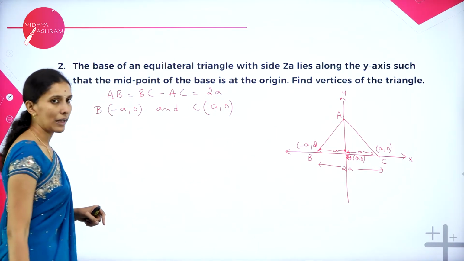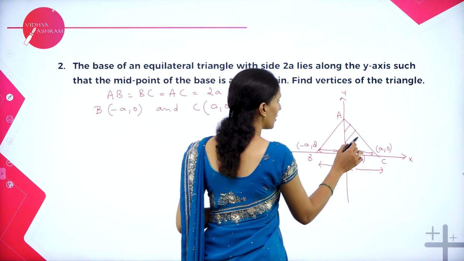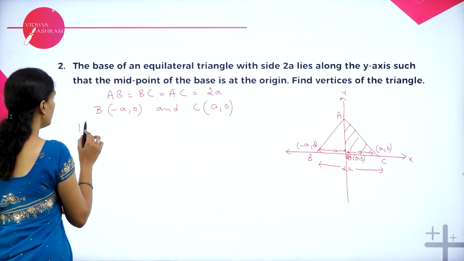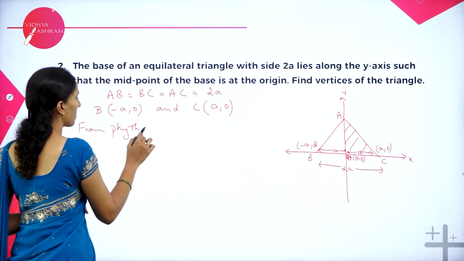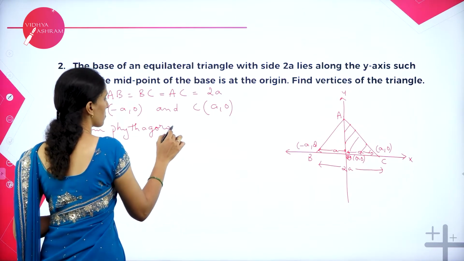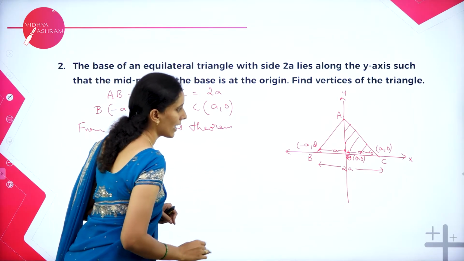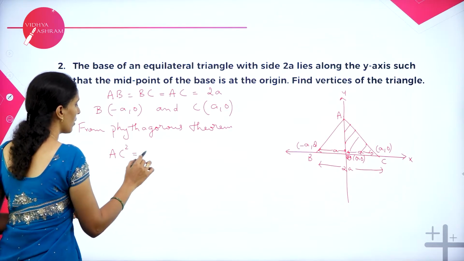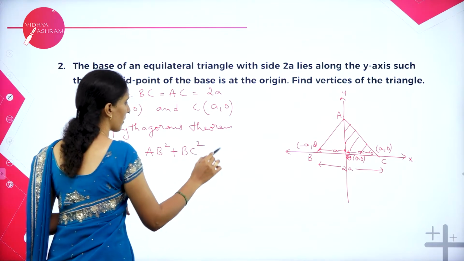Now I need to calculate the coordinate of A. How to calculate? Using Pythagoras theorem. So we know that from Pythagoras theorem, we have a right angle triangle there, that is AC square will be equal to AB square plus BC square.